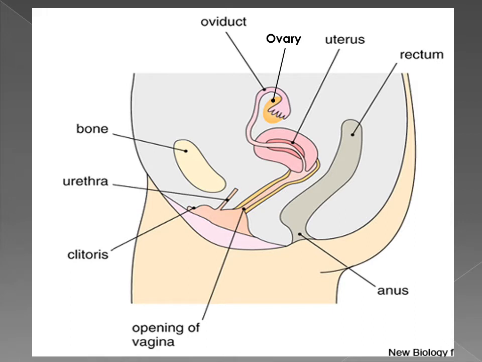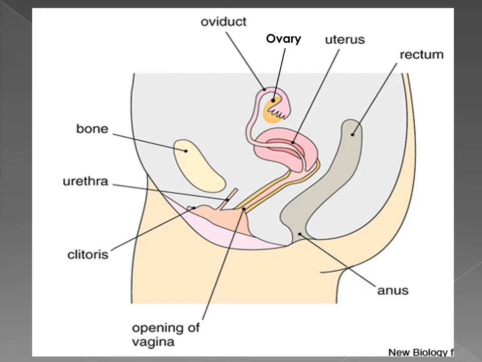The cervix, the end part of the uterus, is embedded in the vagina, which is a long tube through which the ejaculation of the penis takes place. So the penis is inserted into this vagina during sexual intercourse, and the semen is released at the end of the vagina where the cervix is.